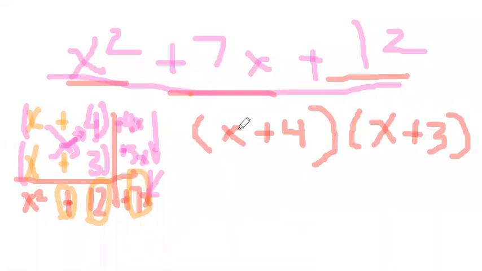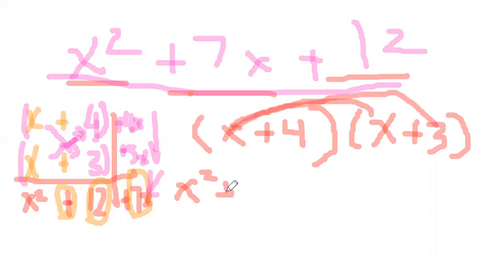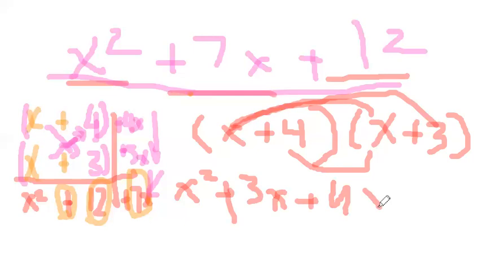Now let's check it. x times x is x squared. x times 3 is 3x. 4 times x is 4x. 4 times 3 is 12.